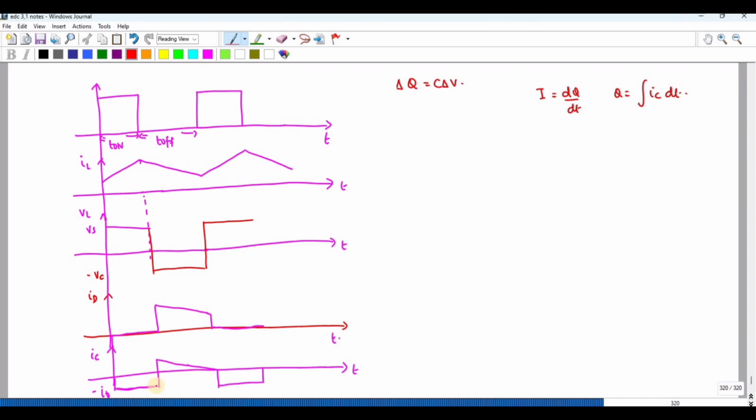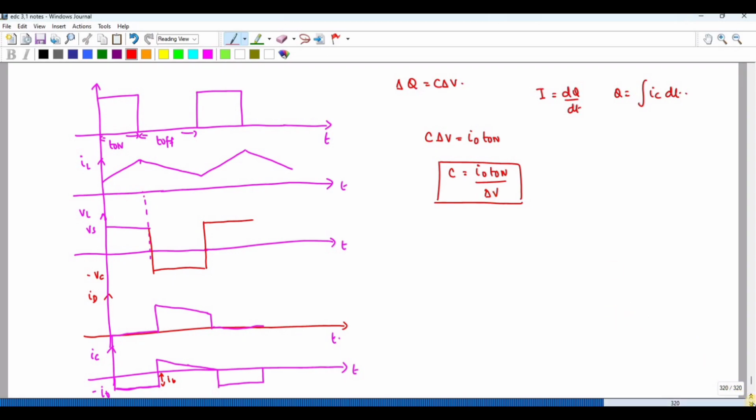The area is I naught into T on. So I can write C del V is equal to I naught into T on. From this, the value of C is equal to I naught T on divided by del V. This is how you find the value of C.